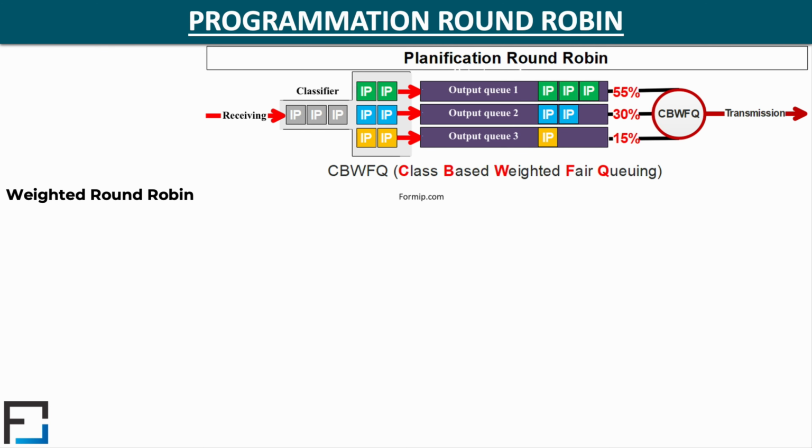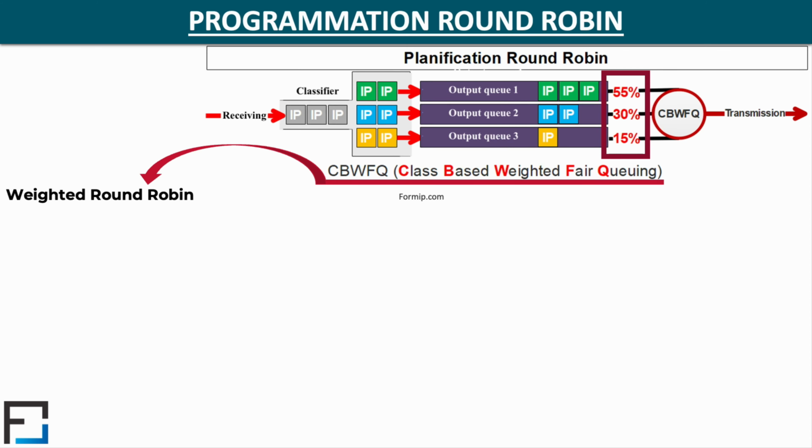Cisco routers also use a very popular scheduler, which is called CBWFQ, class-based weighted fair queuing. It guarantees a minimum bandwidth to each class in the event of congestion, i.e., saturation of the queue. For this, it uses weighted round-robin scheduling, allowing you to configure this weighting as a percentage of interface bandwidth usage.